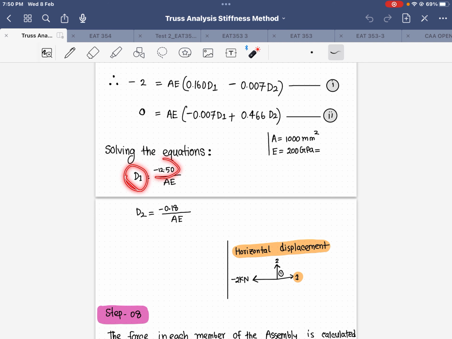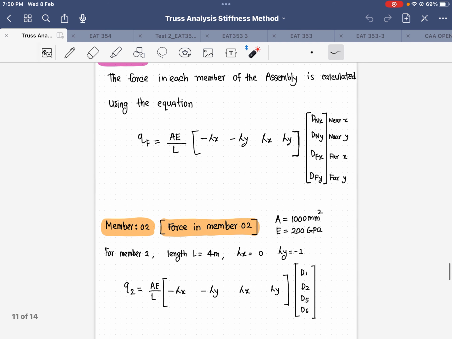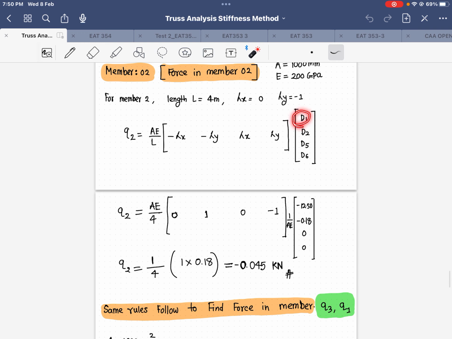You remember D1 and D2: here we have the D1 value, D1 value, D2 value and D2 value that I substituted from the simultaneous equations. If I do this, you can see AE here and AE here, in a multiplication and division relation, so we just eliminate these two, AE and AE. So what will happen here, you can get 1/4.